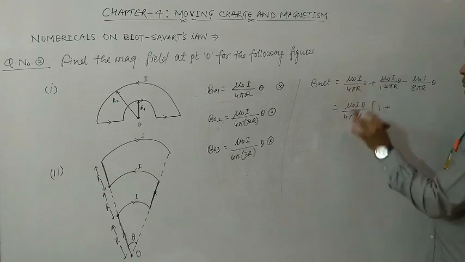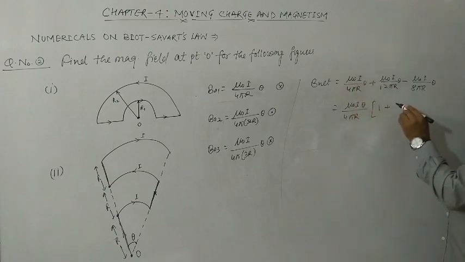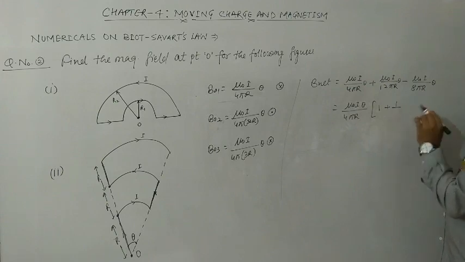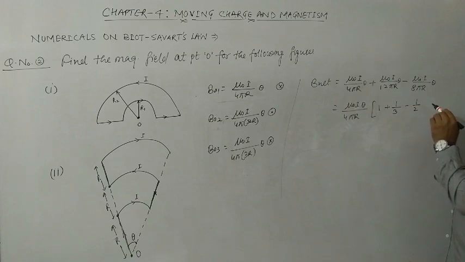So mu 0 I upon 4 pi r we have taken as common, and it becomes 1 plus 1 upon 3 minus 1 upon 2.